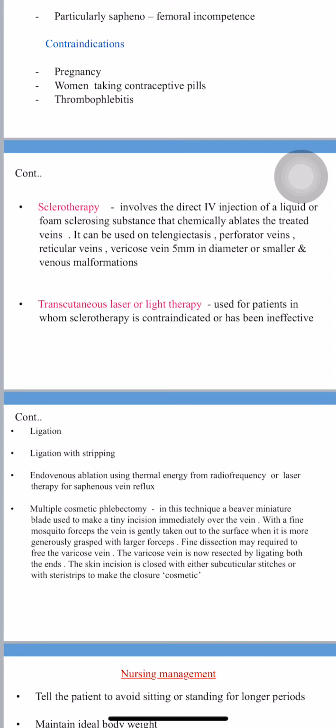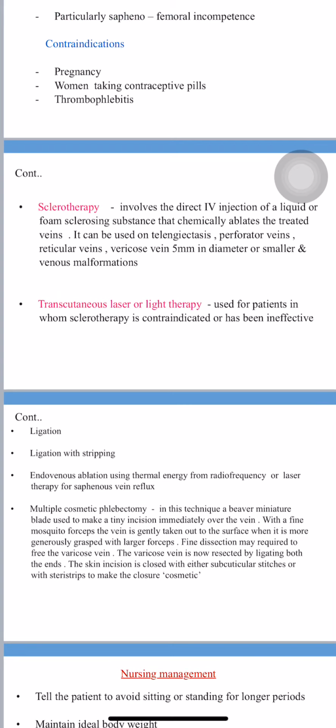In case of saphenopopliteal incompetence, the ligature is applied at the short saphenous vein flush with the popliteal vein and another ligature distal to it. Next is ligation with stripping.